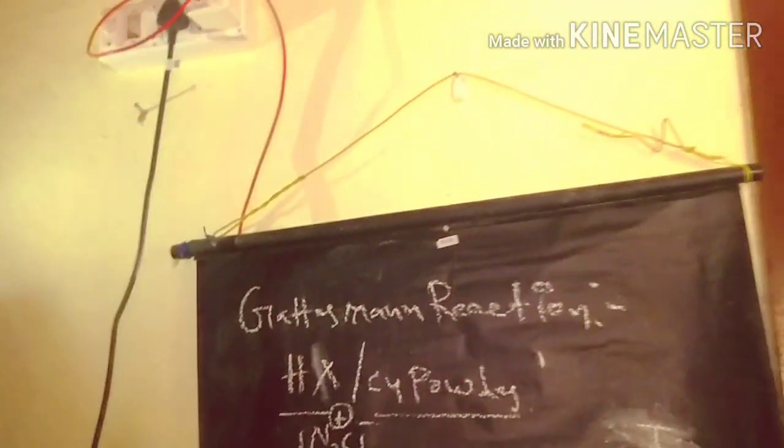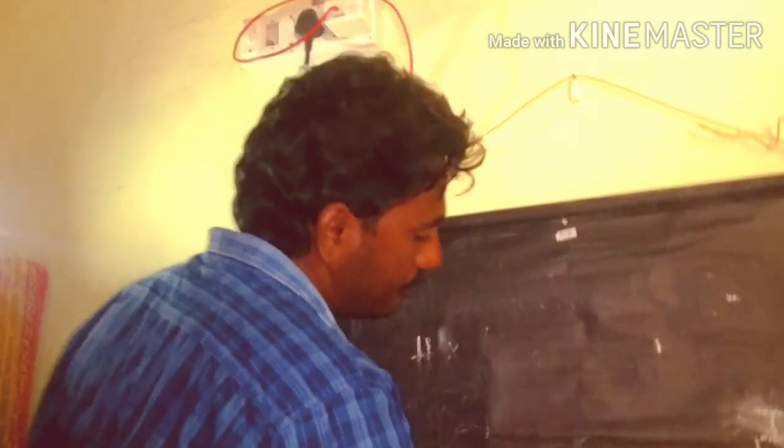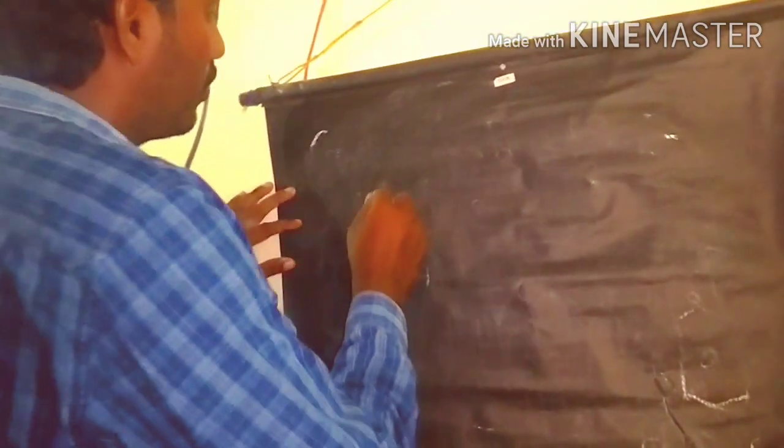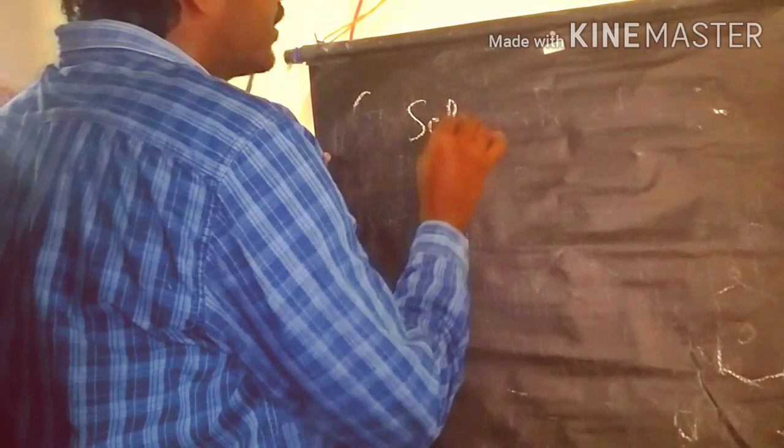To go with the Schiemann reaction, this is one of the difficult reactions for preparing fluorobenzene, because fluorine is more reactive than the remaining aryl halides like chlorobenzene, bromobenzene and iodobenzene. So let's see the fluorobenzene preparation from the Schiemann reaction.